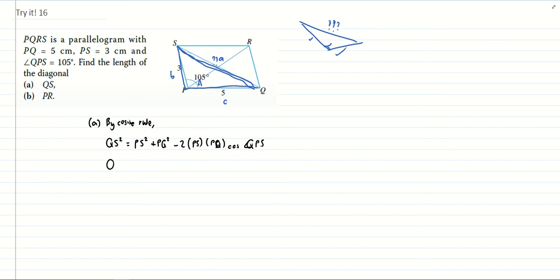Substituting all numbers, I have QS squared equals 3 squared plus 5 squared minus 2(5)(3) cosine 105 degrees.